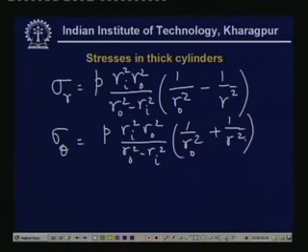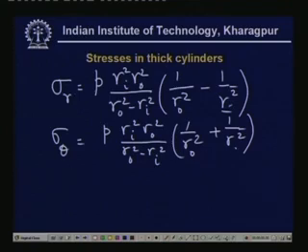So what will be the distribution? You see, at R equal to Ri, this becomes minus P, which is very clear from here. If you substitute Ri in this expression, you will get sigma r is minus P. If you substitute R equal to R0, then you get sigma r is 0.